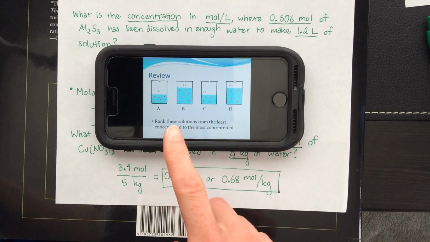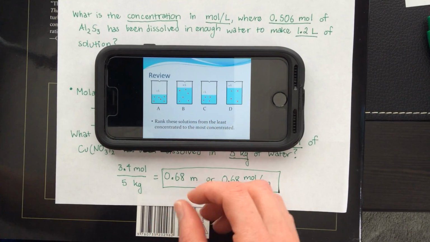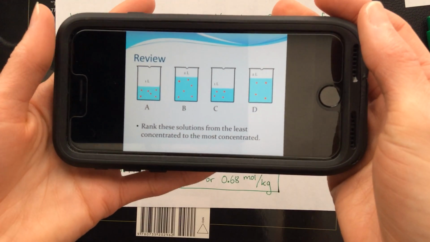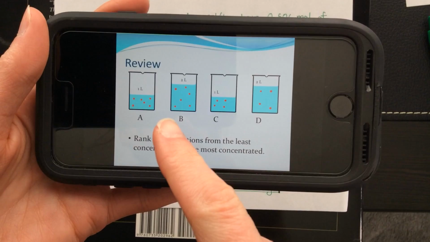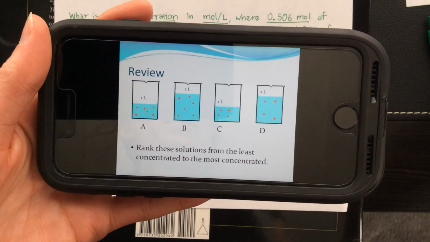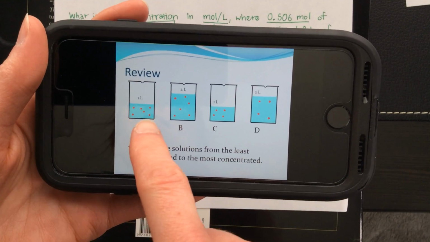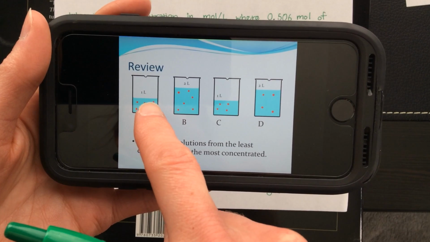So look at this picture. It says rank these solutions from the least concentrated to the most concentrated. So you can see I've got some pictures of some beakers with little dots in them. So this one has 1 liter and it's got 6 dots. So that's 6 dots per 1 liter, right?